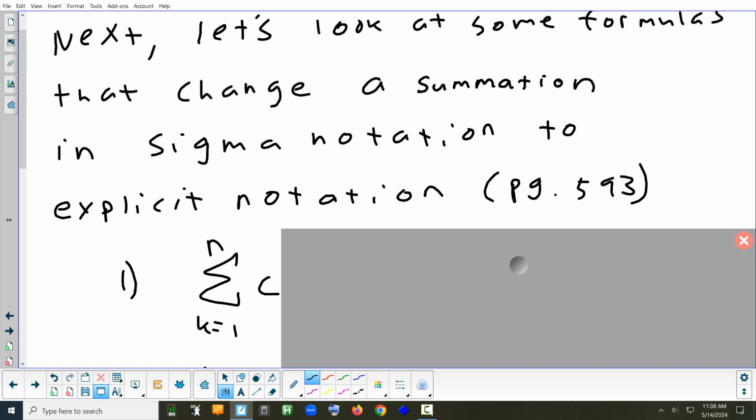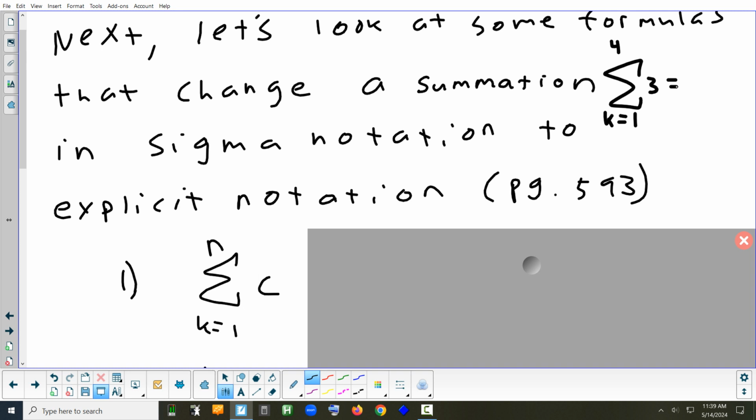So let's start with this one. This is probably the simplest one to come up with a formula for. Let me show you an example off to the side. C stands for constant. So let's say I wanted to add up every number, starting at an index of 1, stopping at an index of 4, and the formula generating the terms is 3.